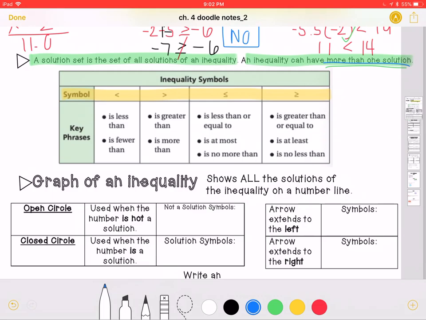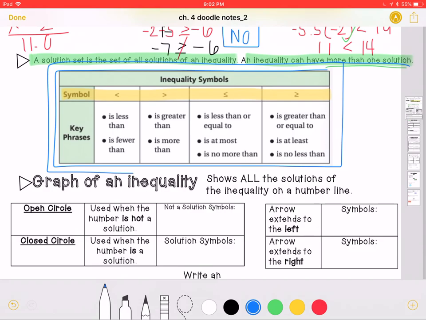A nice reminder, maybe you want to put a nice highlight around this box. These are your inequality symbols and these key phrases. You're going to need to know these because you're going to have to be able to write inequalities from words. So less than, fewer than, greater than, more than. This shows less than or equal to.